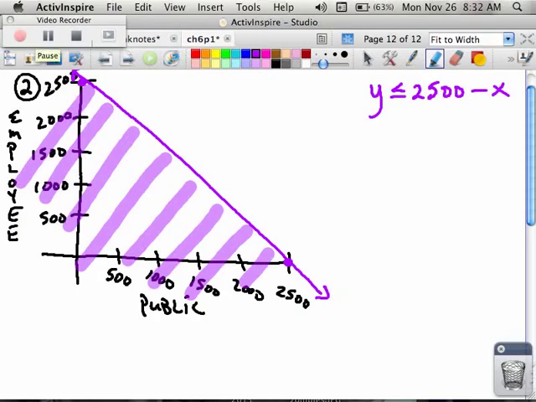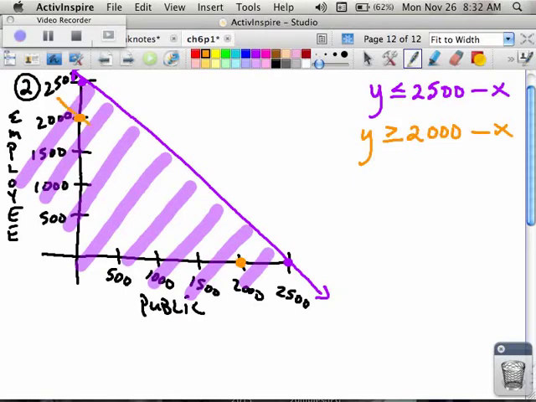Our second constraint that we wrote down, which was in the orange, had that x plus y was greater than or equal to 2,000. Again, if I move the x over, what I will see is y is greater than or equal to 2,000 minus x. This means that my y-intercept is at 2,000 and my slope is -1, which means I go down 1, right 1, or I could go down 2,000, right 2,000, which would put me on the x-axis at 2,000.